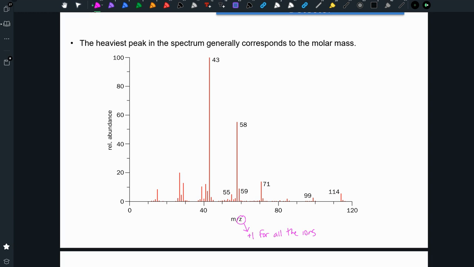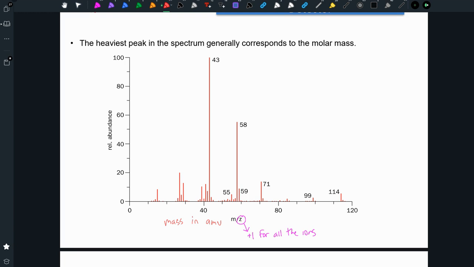So this x-axis is really representing the mass, generally in atomic mass units. That's what this graph shows. It will show how many particles of each mass there are in my sample as the molecule fragments.